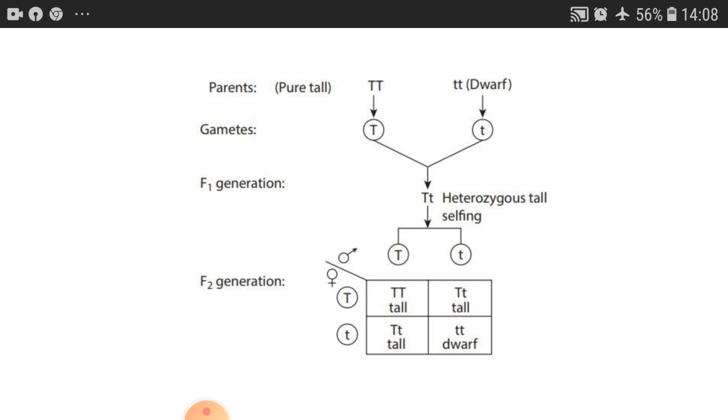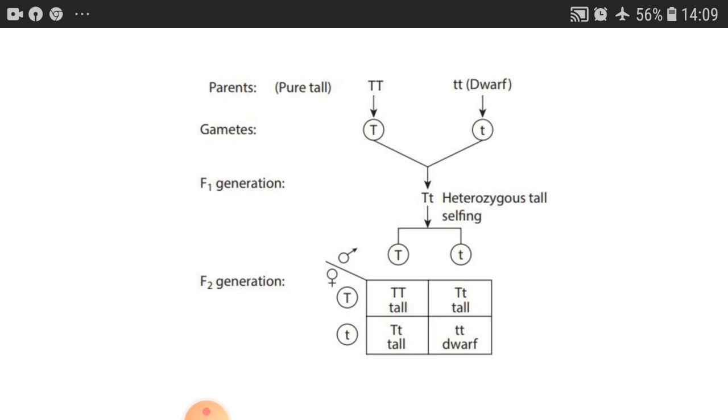So here you see that out of the 4 types which are formed, one is capital T and capital T, that is the pure tall. That means that 1/4 of the random fertilizations lead to capital T and capital T. Then in 2 columns you can see capital T and small t.